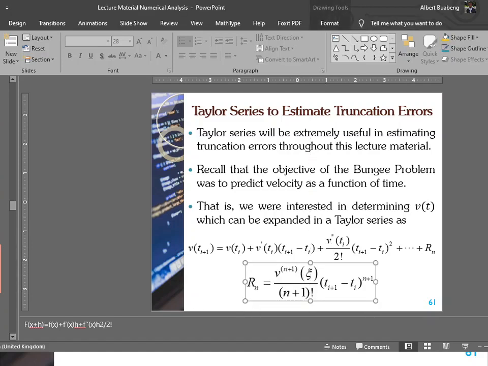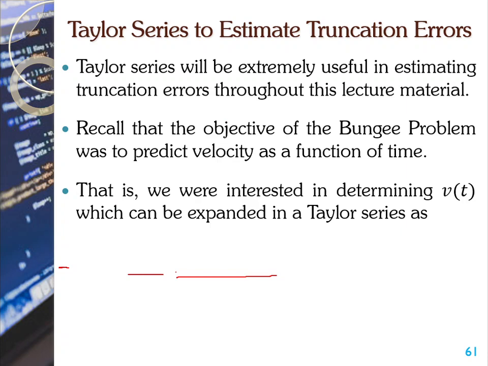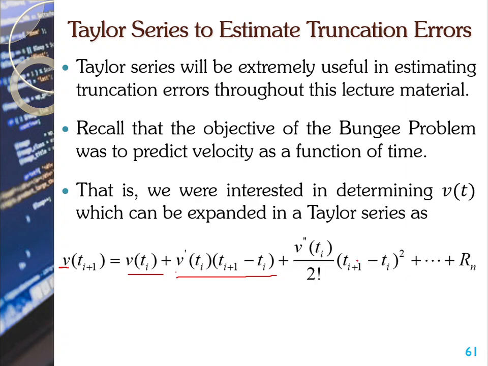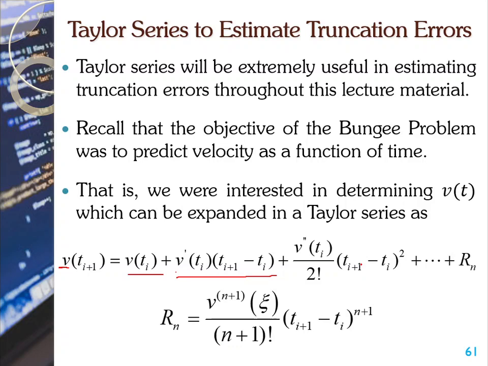So going back to our slide, that is what we have in here. That is how we modified our velocity problem to that of the Taylor series. Now let's see something here.